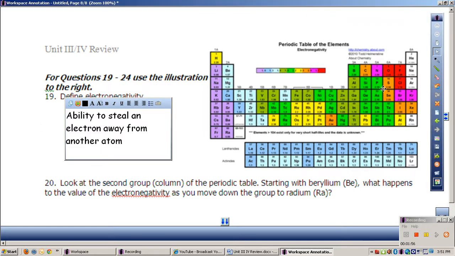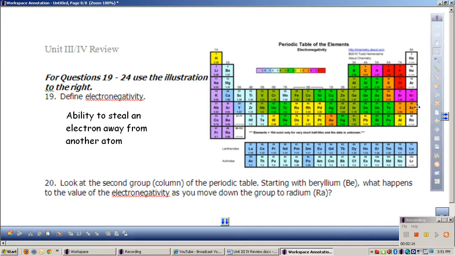So with electronegativity, it's the ability to steal an electron away from another atom. The most electronegative element is going to be fluorine right here. Okay? Most of these guys over here have no electronegativity because it's group 18. We don't really consider them because they are already stable. Krypton and xenon kind of sort of have one, but don't really worry about that too much.